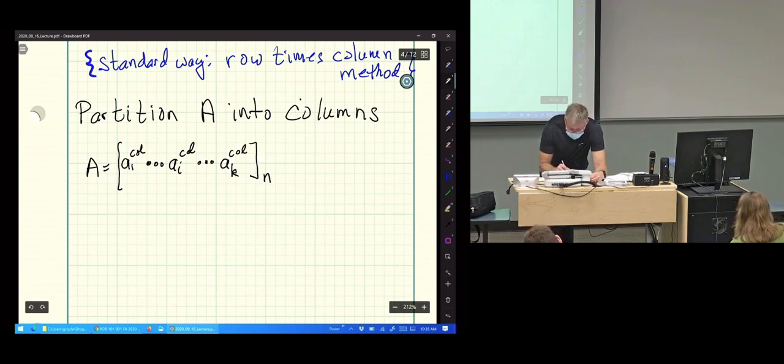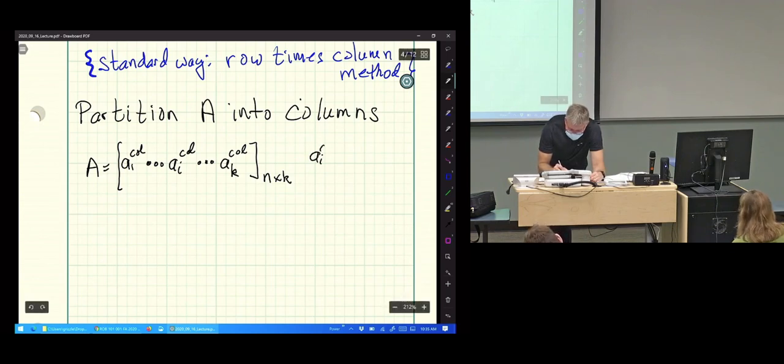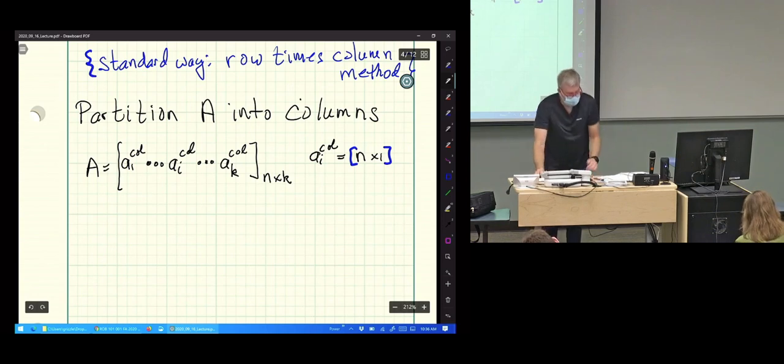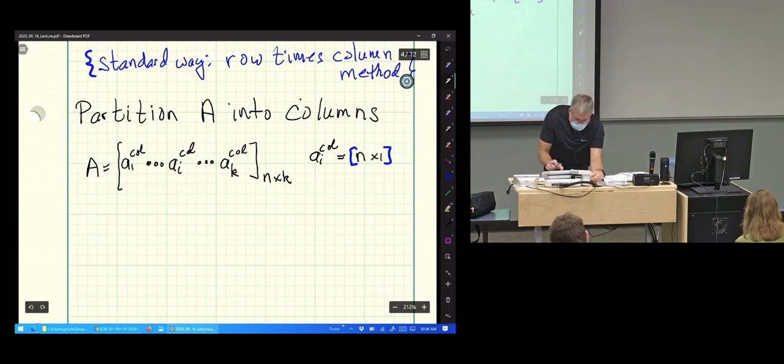We'll assume this has n rows and k columns. And the vector Ai column has n rows and 1 column, because it's a column vector. So that's n by 1. I want to keep track of the size. So instead of drawing the rows on A, we break it up into its columns.